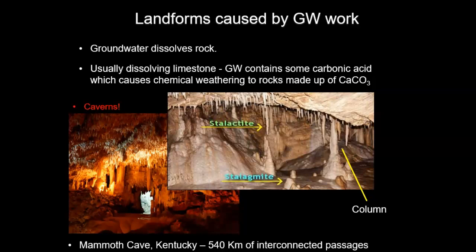So as we saw in chapter 6, limestone will dissolve easily in water that contains even a small amount of carbonic acid. And most of the groundwater that flows will actually contain some of that carbonic acid. So the calcite that makes up the limestone reacts with the bicarbonate and the hydrogen ion that result from the CO2 mixing with the water.